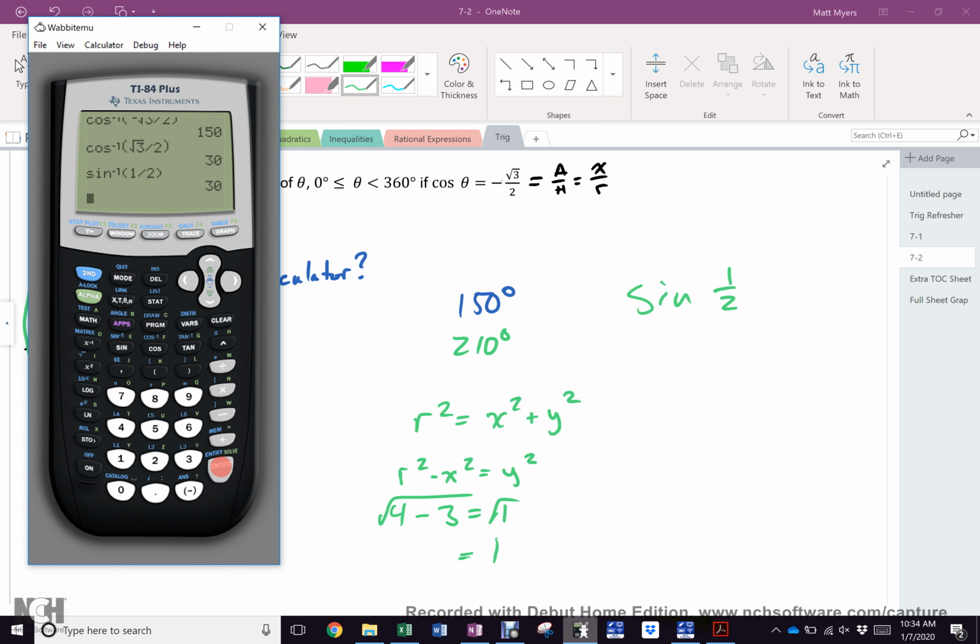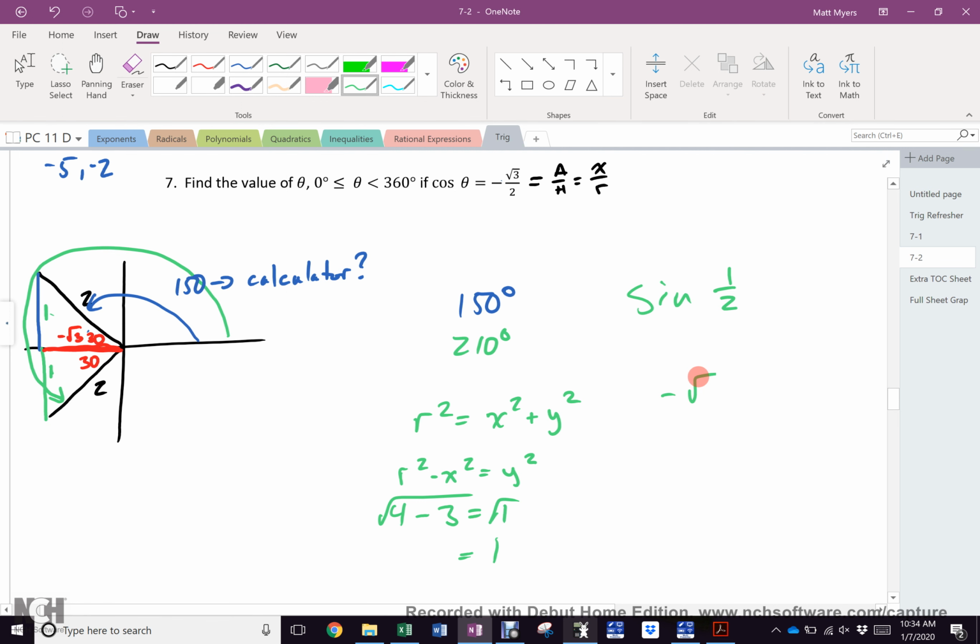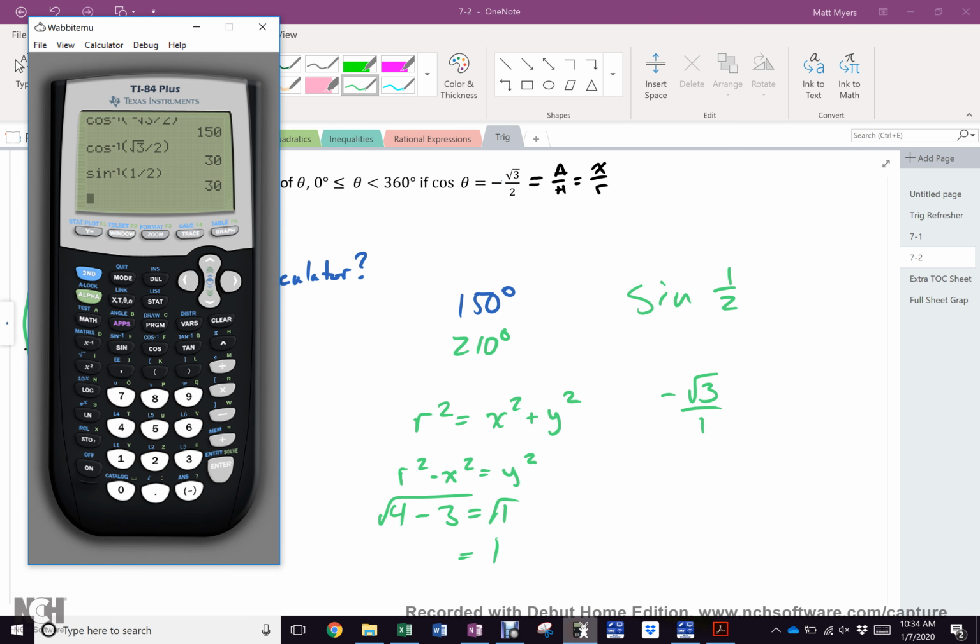Weird. Okay, screw you. I'm going to do tan. Tan would be negative root 3 over 1. Yes? Right? Everyone agree? So let's check. Shift tan negative root 3. I don't need to divide by 1, right? Because root 3 divided by 1 is root 3, yeah? Everyone agrees?